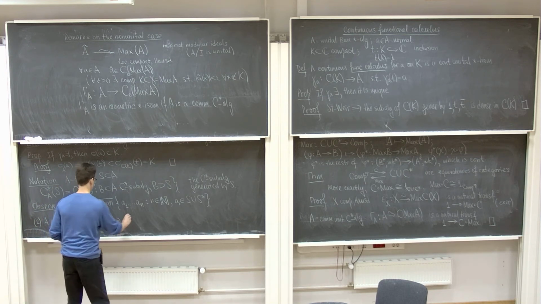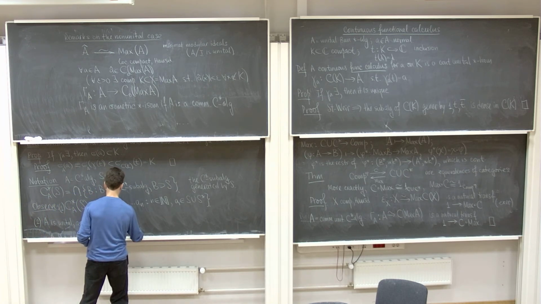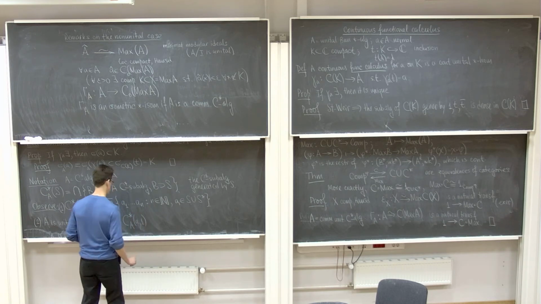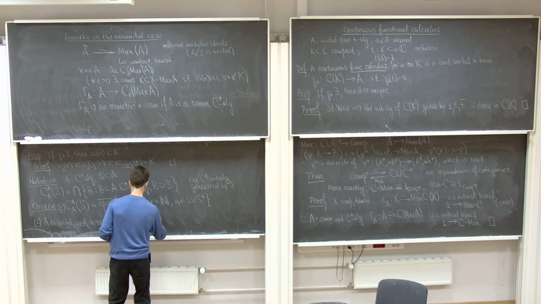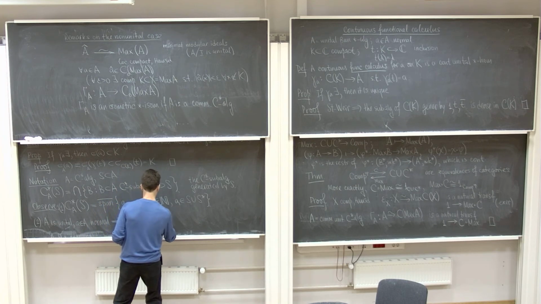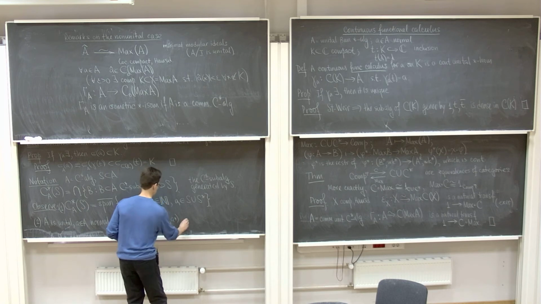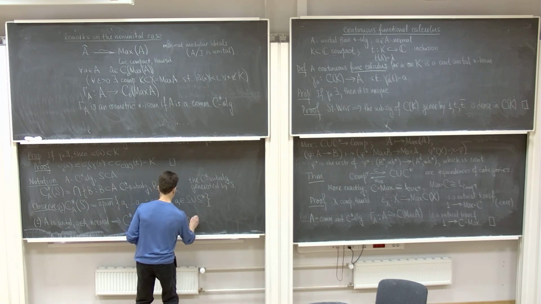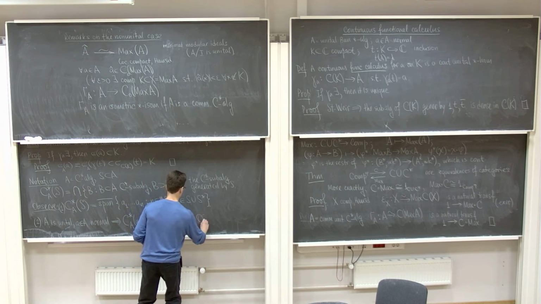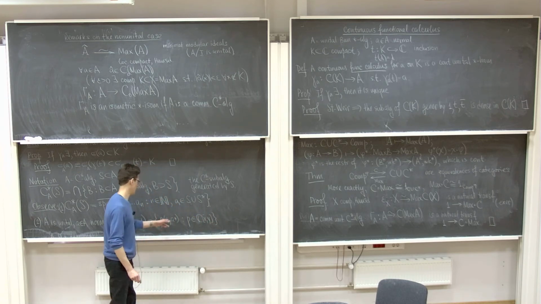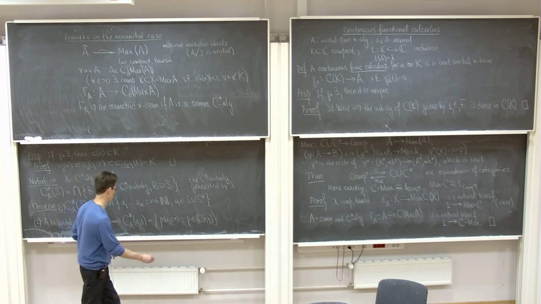Then the C-star subalgebra of A generated by a and the identity is the closure of the set of all polynomials in a and a star. Here P runs over the algebra of polynomials in two variables. So we substitute a and a star in this P, and we take the closure.